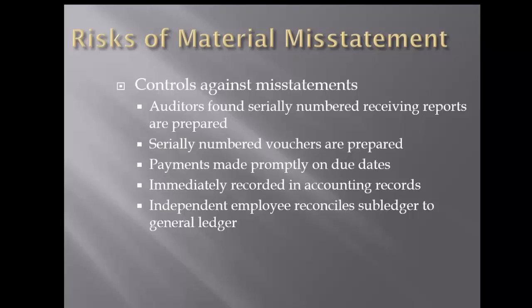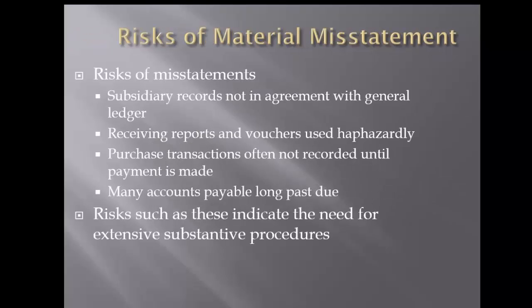So 1, 2, 3, 4, 5, and what we're doing as auditors is we're identifying the voucher numbers that were prepared during this period, and we're looking for duplication, we're looking for missing numbers, we're looking for things that would suggest that in fact there are things that were processed that were not processed appropriately.